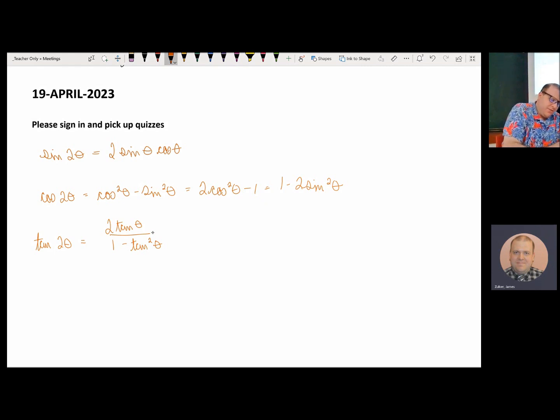And then tangent of 2 theta is 2 tan over 1 minus tan squared. These are the double angle identities.